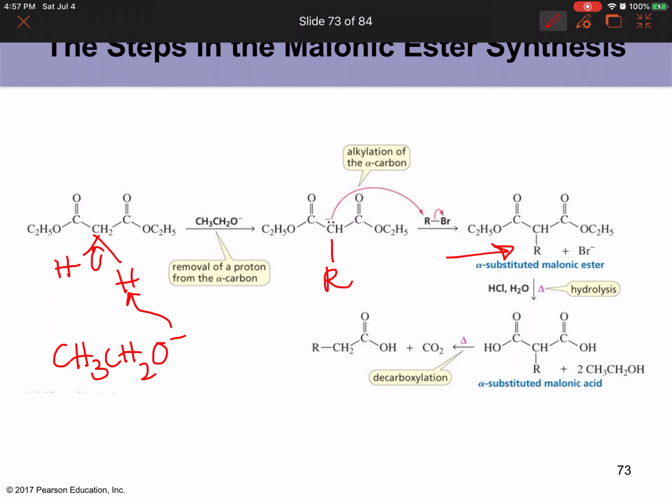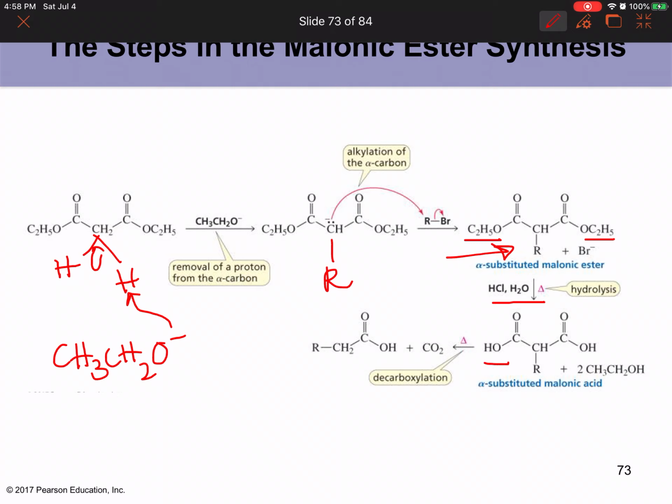That step is easy. Then what's going to happen next? Next you're going to be adding HCl and water, and you heat. Under these conditions, you see here is an ester group, here is an ester group. This ester will hydrolyze. Ester hydrolysis will give you acid, so it's going to give you this acid.